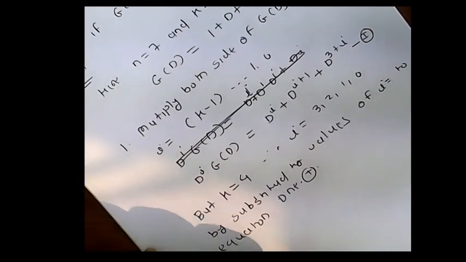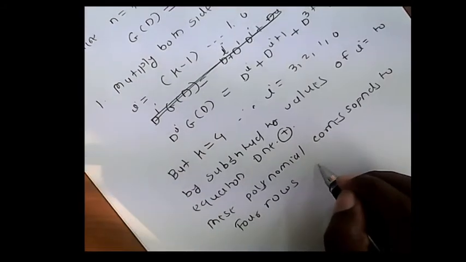By substituting the values of i in equation 1, we get different polynomials which correspond to 4 rows of the generator matrix.